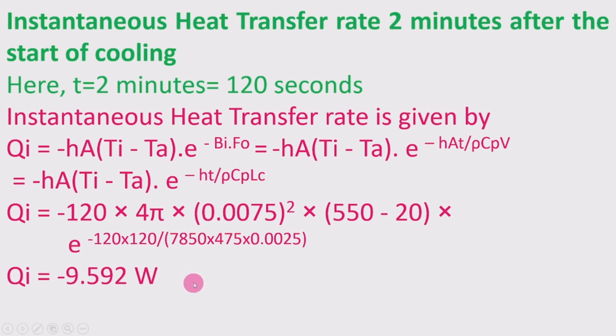In that way also we can calculate, by taking this term as m, the rate of heat transfer as well as the time taken in lumped system analysis. That little variation is considerable, and if the values of alpha and all other terms are given, then we have to use any one method to calculate that time as well as the instantaneous heat transfer or total heat transfer.